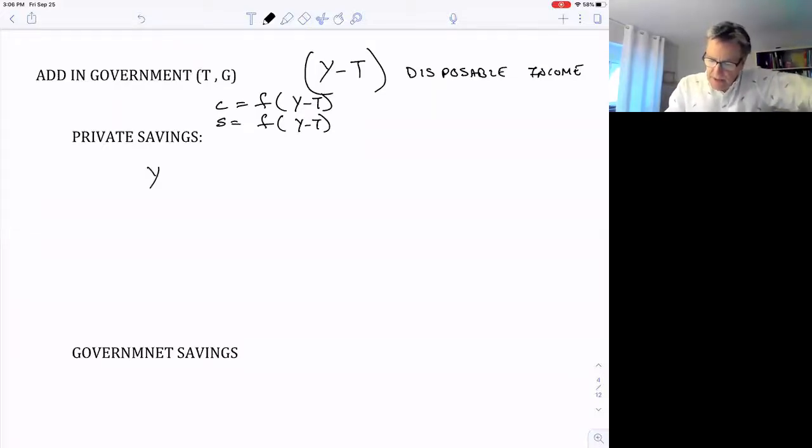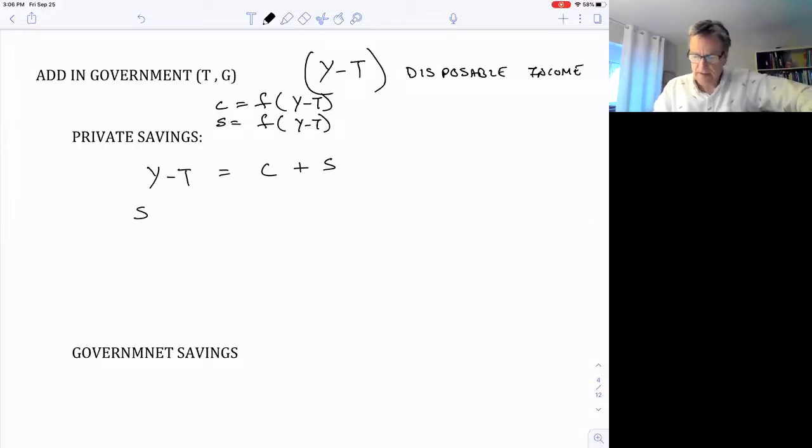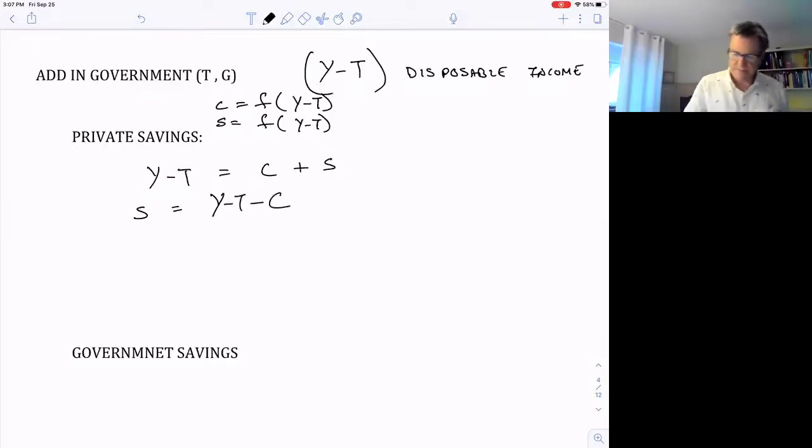Now with our disposable income, once again, two things we can do with it. You can spend it or save it. So consumption plus savings has got to be equal to the disposable income. And that means that our savings, S, which we will now describe as our private savings, is equal to income minus taxes, which is our disposable income, minus consumption.